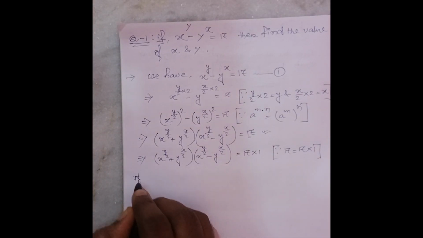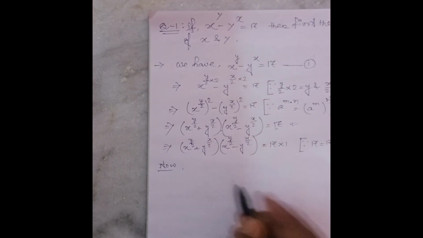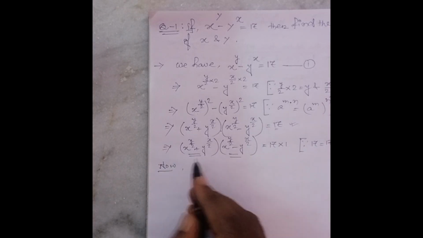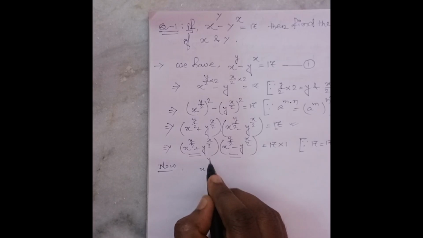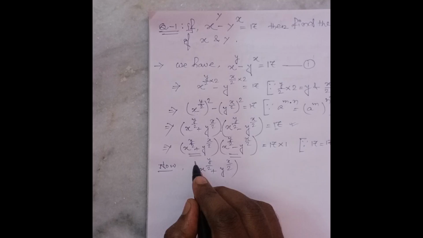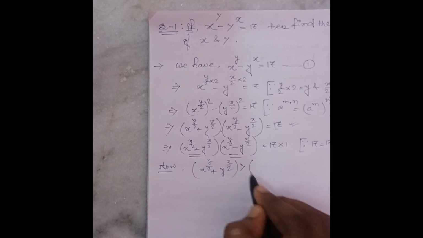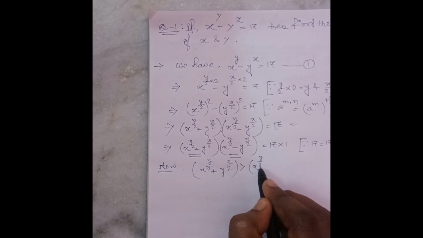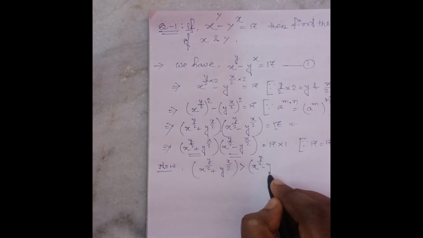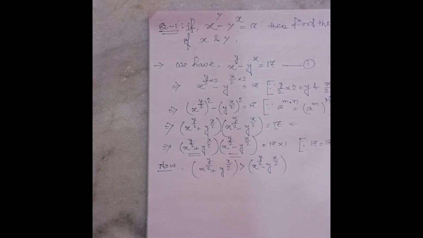Now this term a plus b is obviously greater than a minus b, and 17 is also greater than 1.